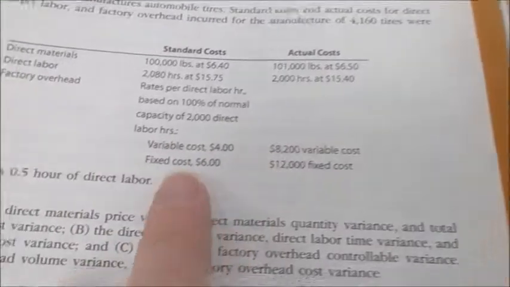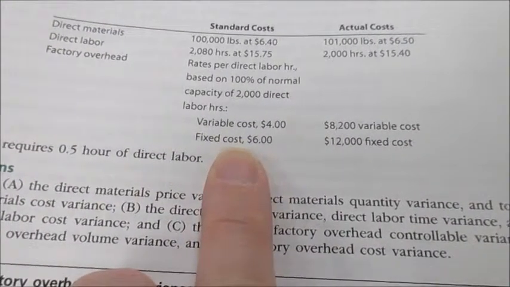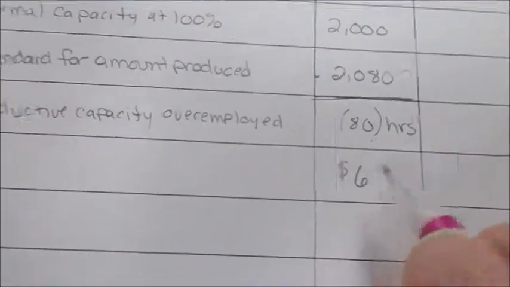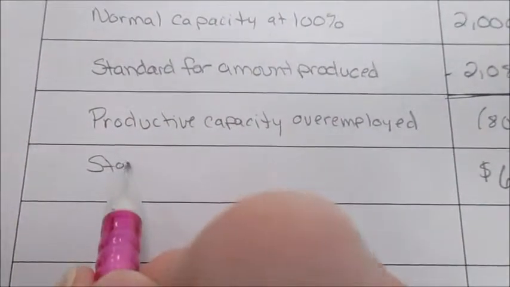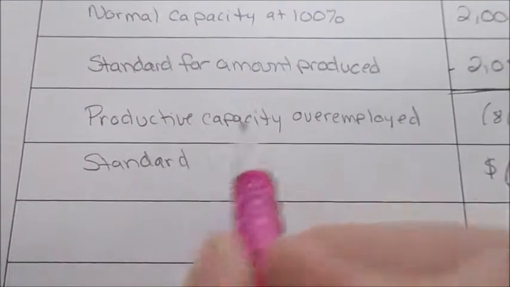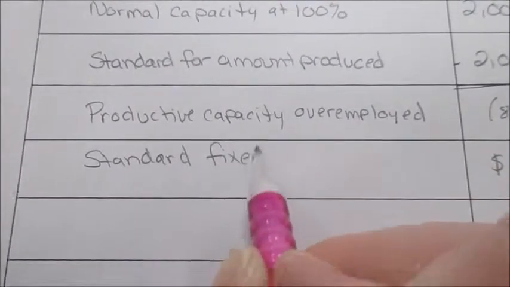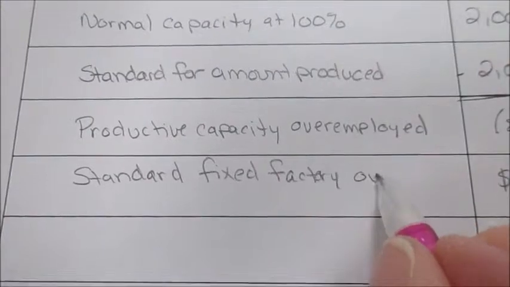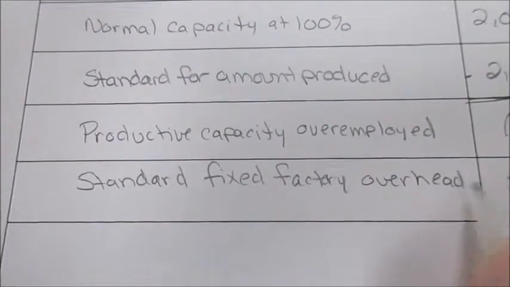If we look at our textbook, it tells us that our fixed cost was $6. So I'm going to put in $6, and this is going to be my standard fixed factory overhead cost rate.